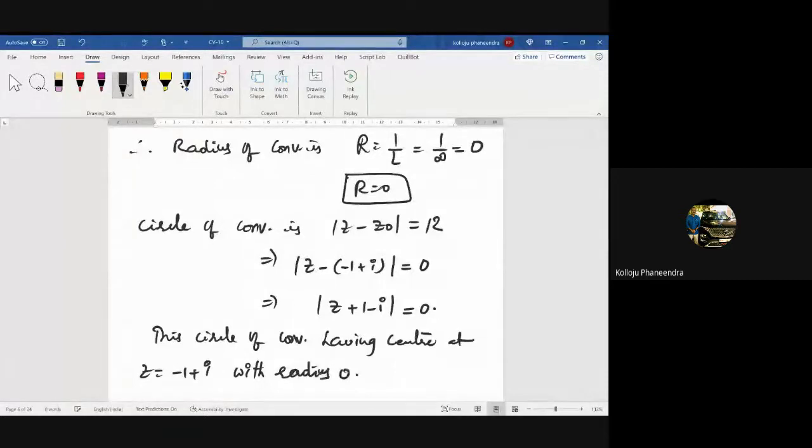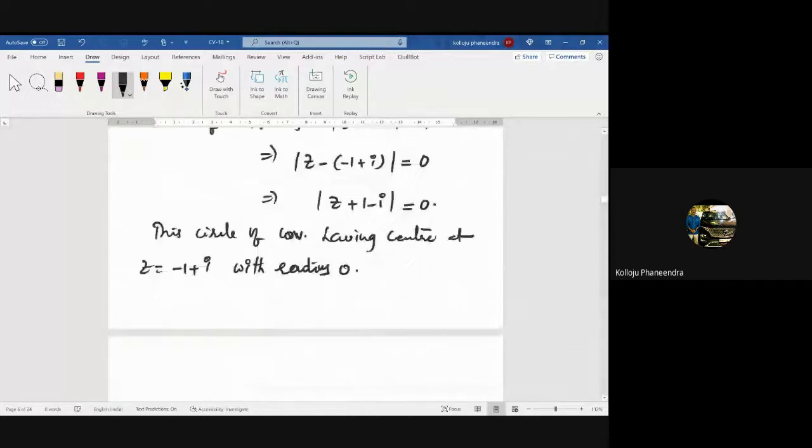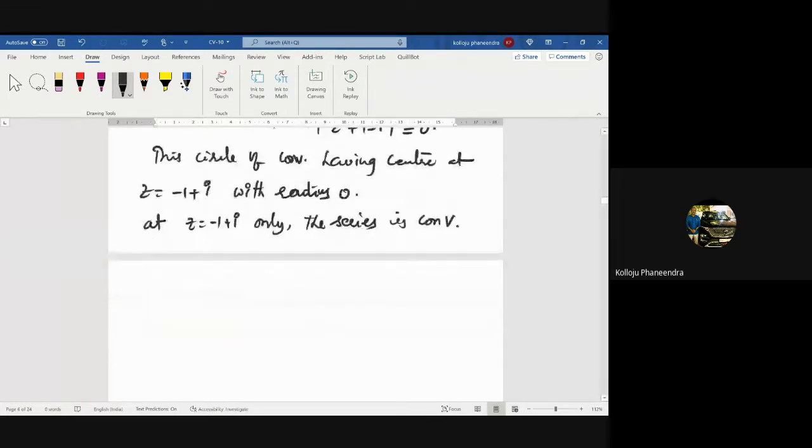Therefore, at this point only, at Z equal to minus 1 plus I only, the series is convergent, right? Only at one point. Done.